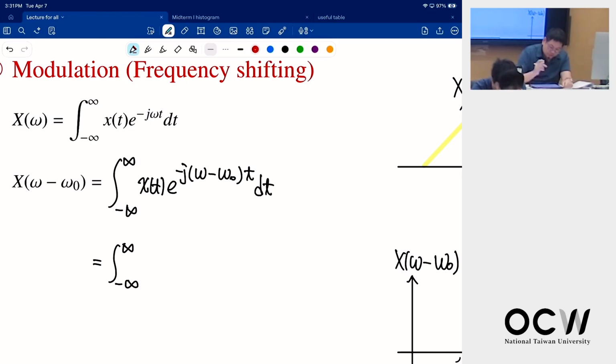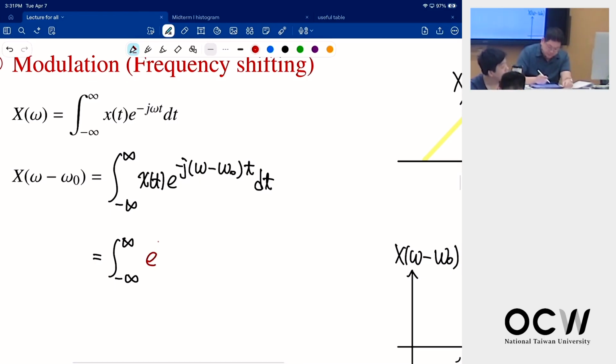What is the additional term? e to the j omega naught t, times x(t) e to the minus j omega t dt.